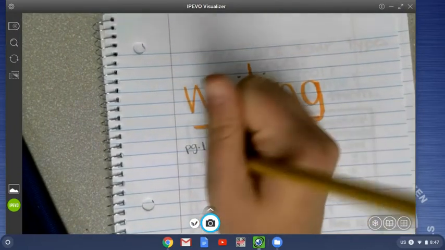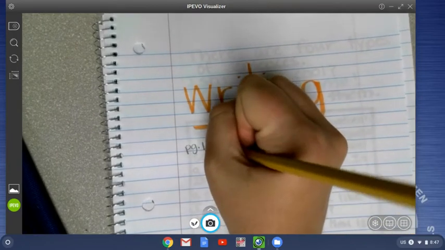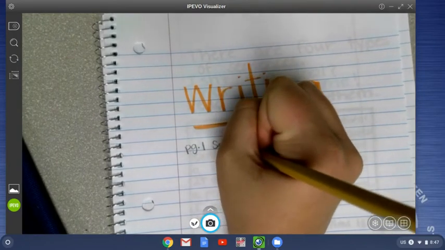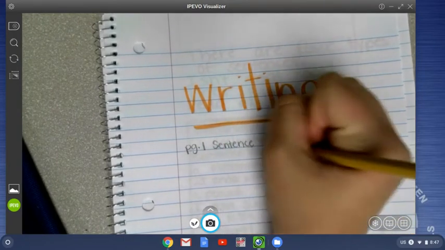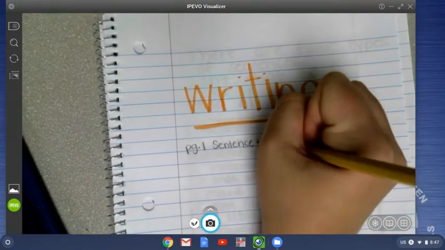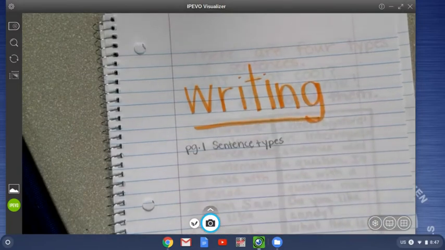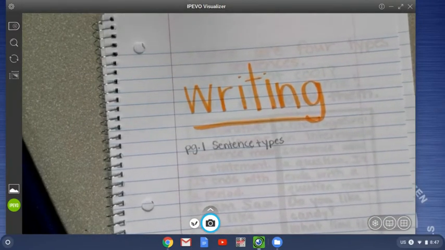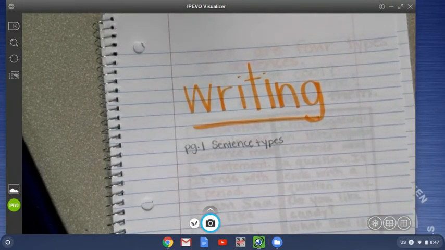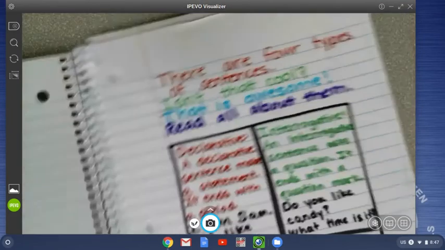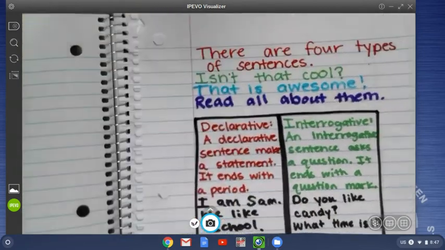And on page 1, we did sentence types, okay? And we will continue to add to this as we fill out more anchor charts for writing. So your first anchor chart should be your 4 types of sentences.